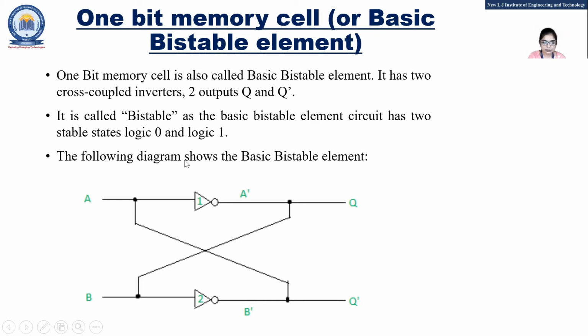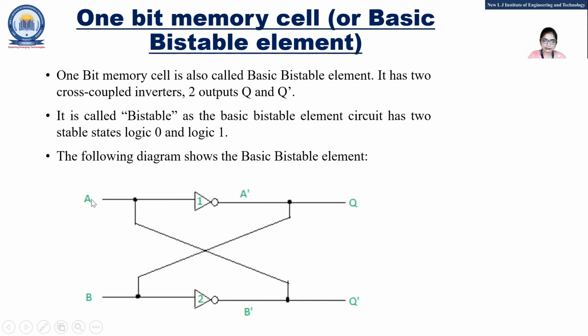We are using 2 inverters. If I apply the input A, it will give the complemented output. In this circuit, the output of the upper inverter is given to the lower inverter, and the output of this lower inverter is given to the input of the upper inverter.